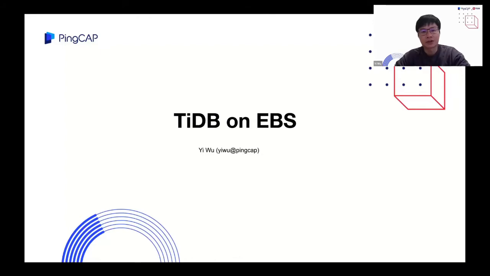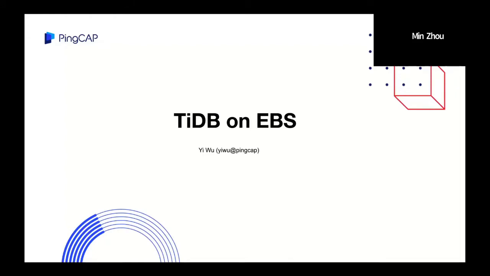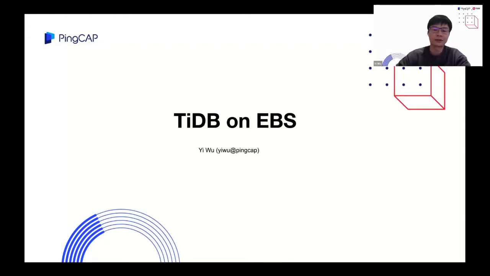Today I'm going to share why we prefer a cloud disk over local disk, what the performance would be like when running TiDB on EBS, and what optimizations we have done to improve TiDB's performance on EBS.